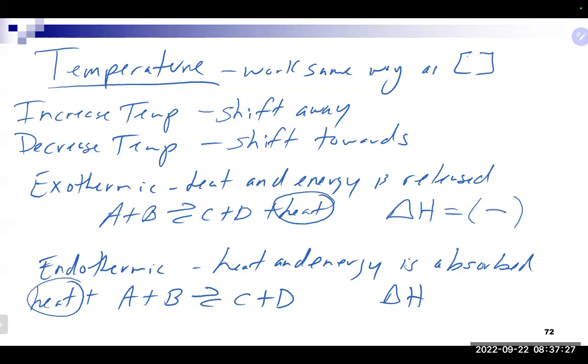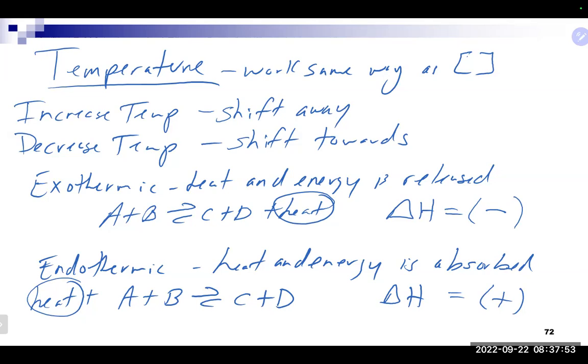So if you have a negative value for delta H, it doesn't really matter the number, it's actually the sign that's most important. Pretty much with heat and energy, any value that's negative means it's an exothermic process. Heat and energy is being given off. And obviously the opposite would be true for our endothermic guy. If we see a delta H value that's positive, it means it's an endothermic process.